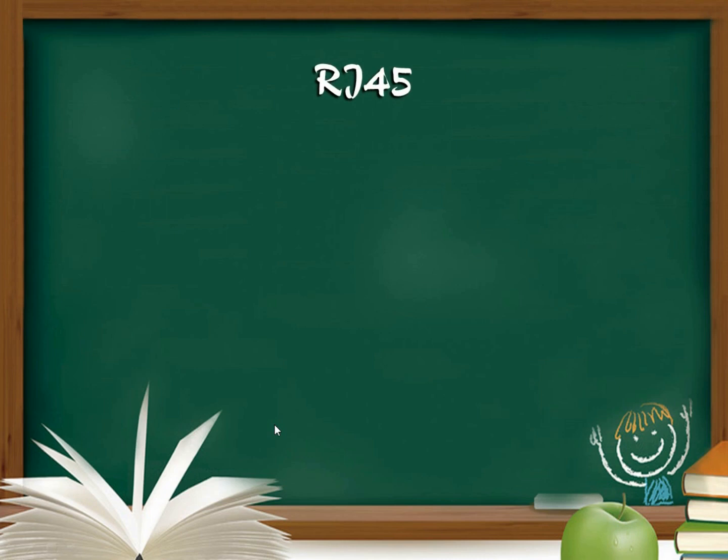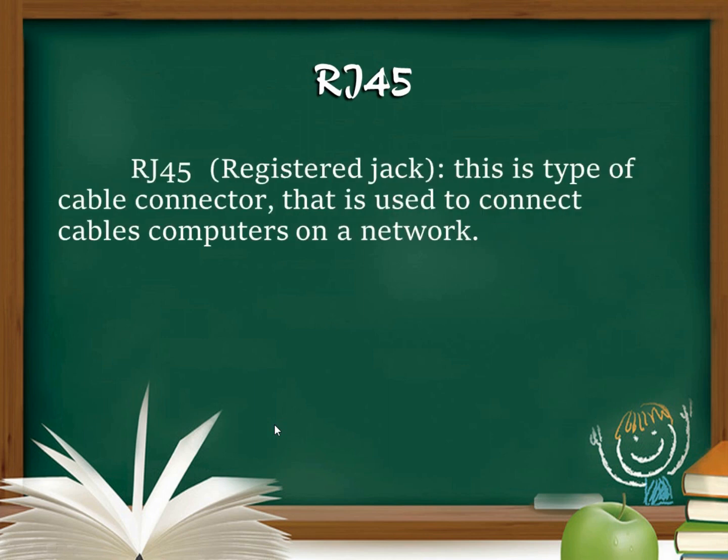The next point is the RJ45. What is this RJ45? Can somebody tell me? Okay. RJ45 is also known as the registered jack. This is a type of cable connector that is used to connect cables to a computer on a network.